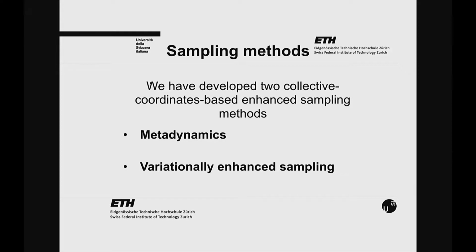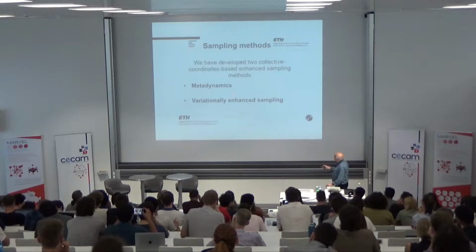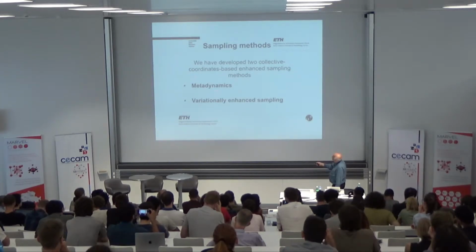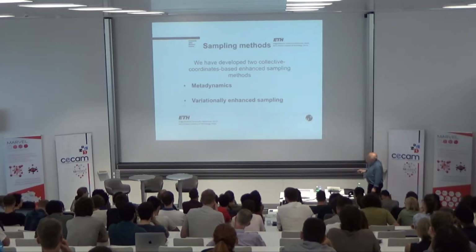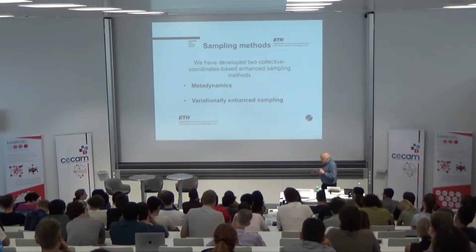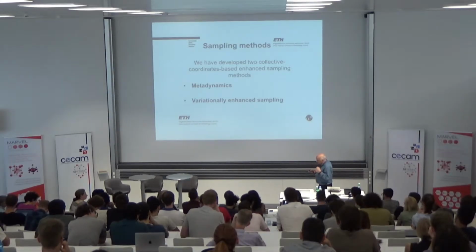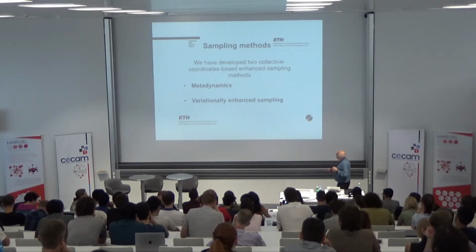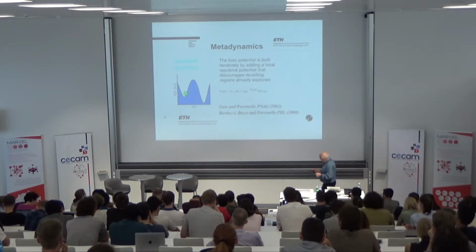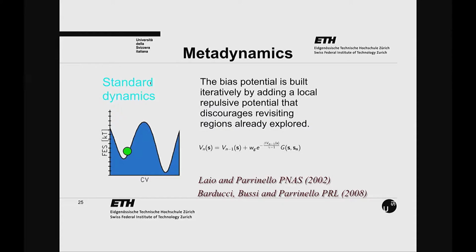As for how you calculate this bias potential, we have developed two methods, an old one, metadynamics, and a newer one. I will briefly talk about metadynamics, which I consider in spirit very similar to Andersen's approach. So you have a two-well potential.